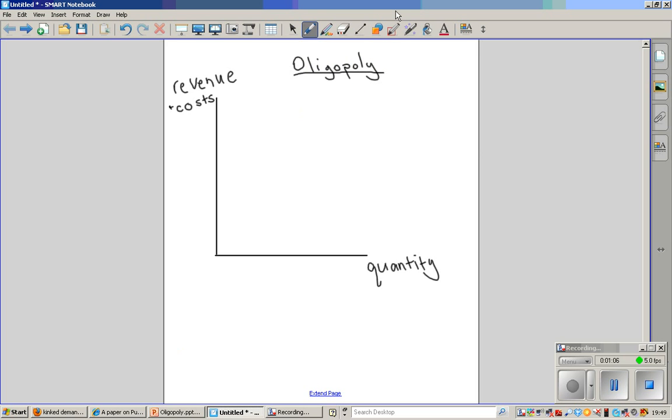Right, in oligopoly, we need to discuss specifically, before we even get to drawing the diagram, the theory of price rigidity.